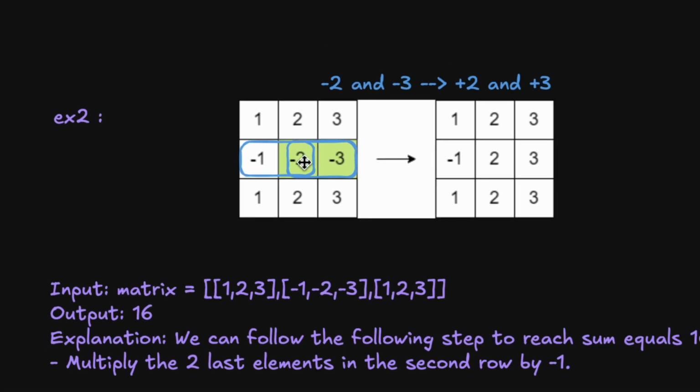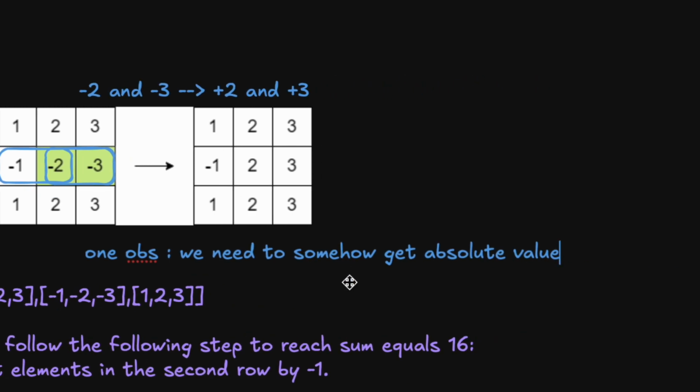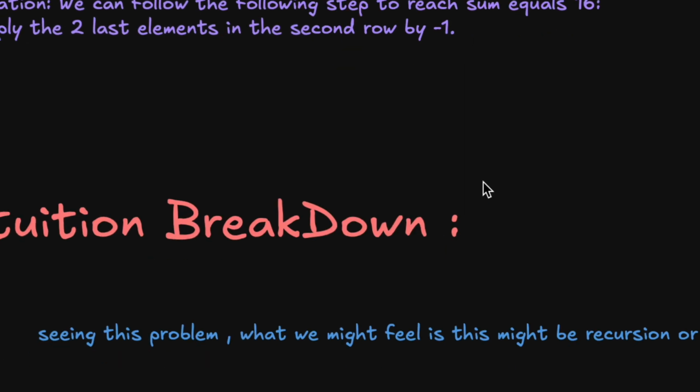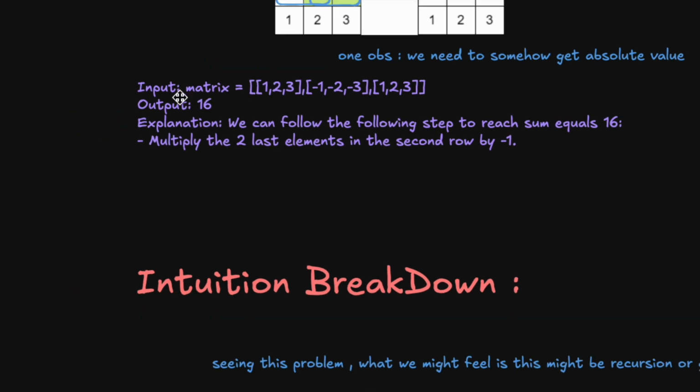Yes, I could have done it with -1 also, but that wouldn't have been the maximum, right? So one observation I would say is we need to somehow get absolute values, right? Here's the explanation. We can follow the same steps as the previous one.